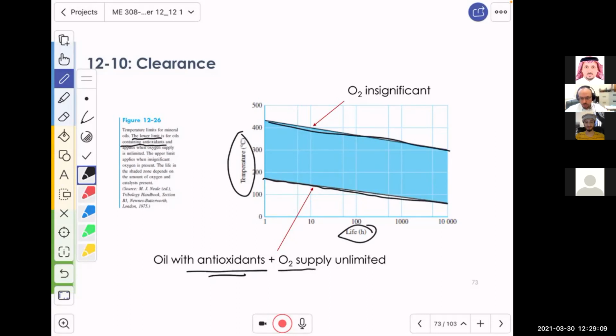As you know, this is an oil. Things can dissolve into oil and then change its characteristic.